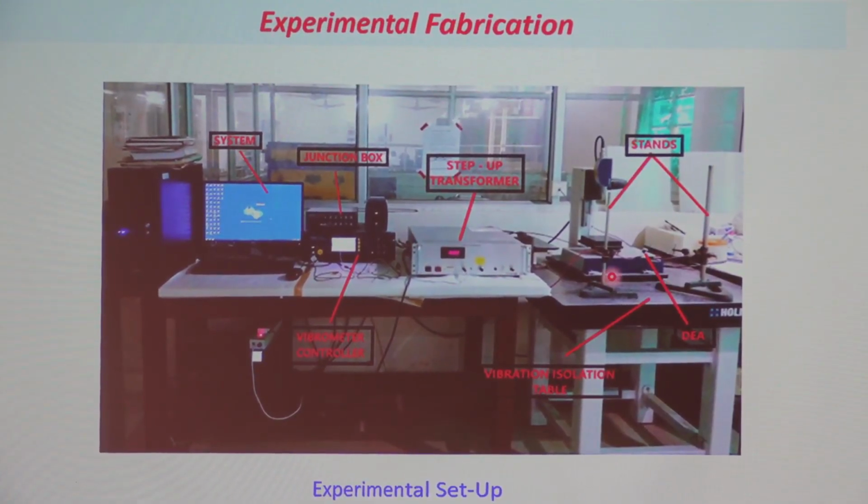Then we have a high voltage amplifier. In India, what voltage supply do we have? 220 volt. Now you need to amplify that because you require a voltage of kilovolts. For that we use a high voltage amplifier.